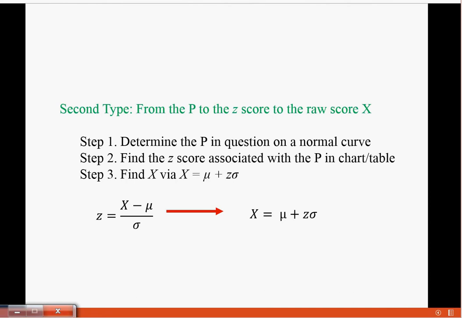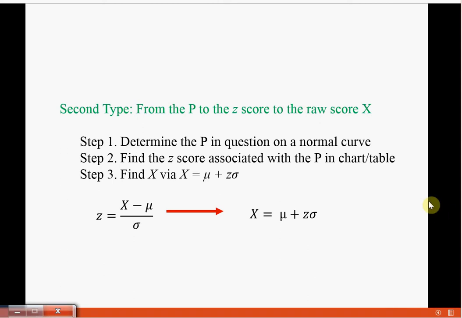Sometimes the question gives you a percentage, but that percentage may not be directly what you need to use to look up a normal table. So you need to do a little bit of calculation. Then after you find the correct percentage, you would go to a normal table to find the corresponding z-score.